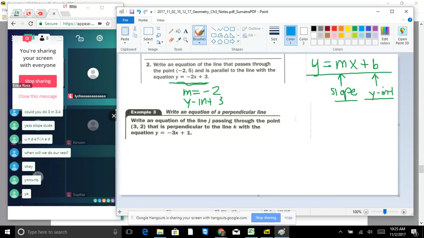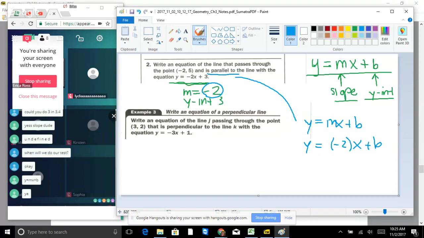So I write an equation of a line that is parallel to this. My new equation should be y equals mx plus b. It's always going to be the equation, y equals mx plus b. My slope should be the same as the slope of my other equation. So y equals -2 times x plus b.